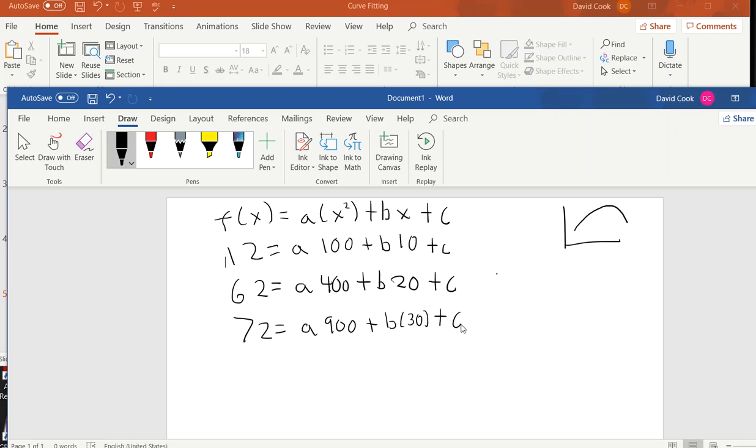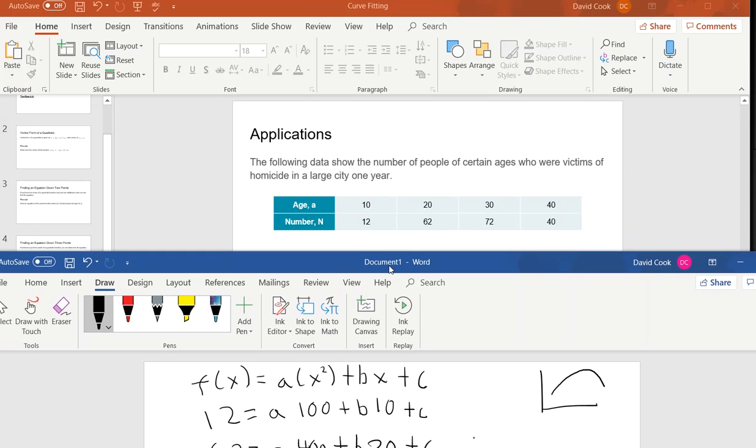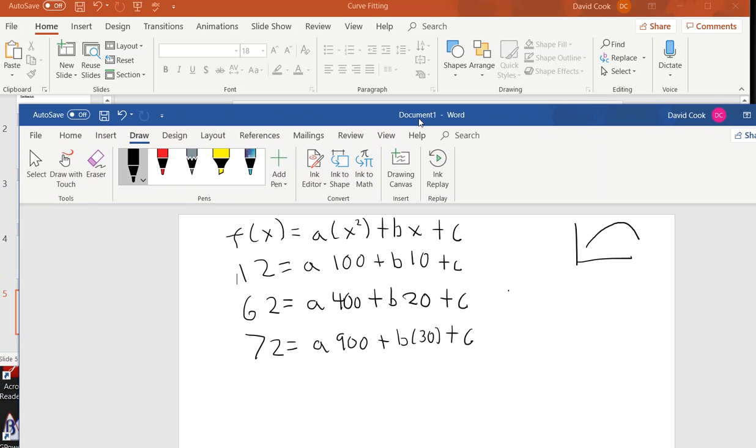Probably the only way to really solve this is to use some kind of calculator technology, where you have a system of 3 equations and 3 unknowns. What we can do here is do it kind of brute force. That's probably going to be the best way to do it, since I have no way to show you the moves on the calculator.